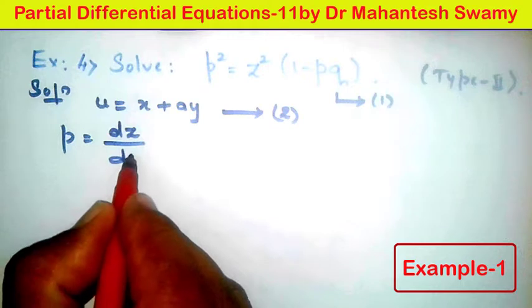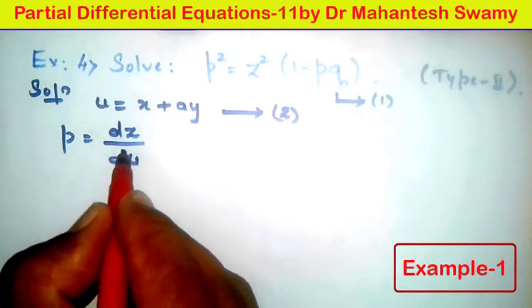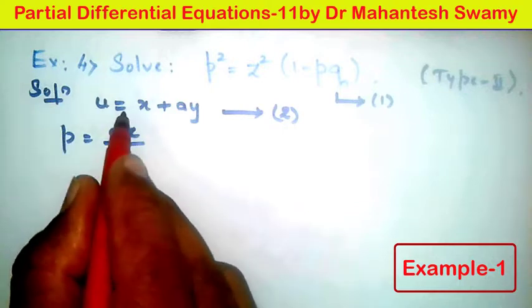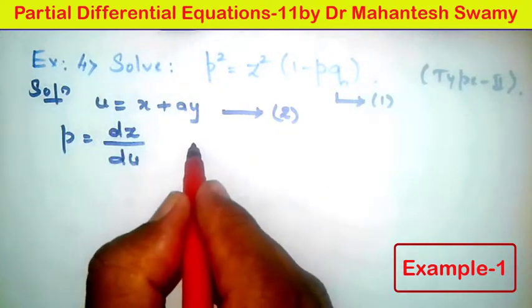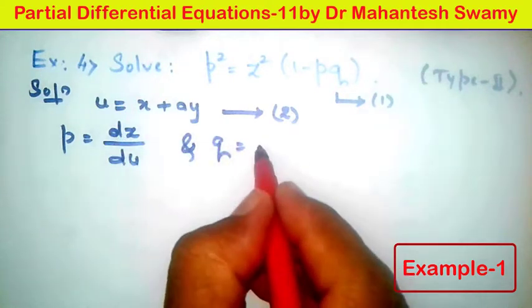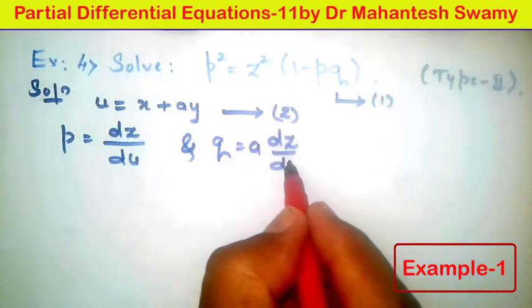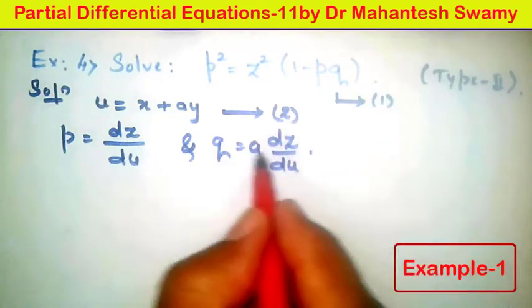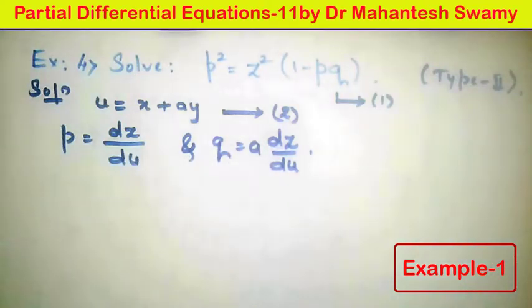You can refer to my 9th video, in which I explained how to get the value of p and the value of q as dz by du and a dz by du respectively. Please have a watch on that video to get extra information on these values.